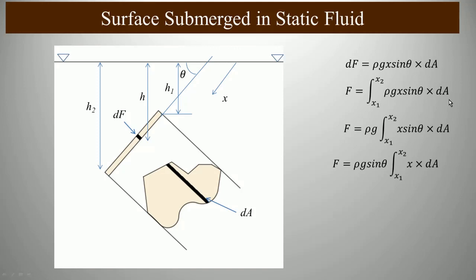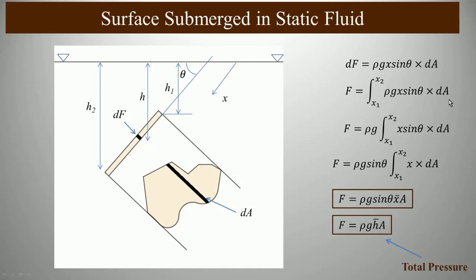What remains is the integral from x1 to x2 of x dA. This x dA can be represented as x bar into A, because x bar is the centroidal distance, calculated as x bar equals integral of x dA divided by A. So the integral of x dA is actually x bar into A.